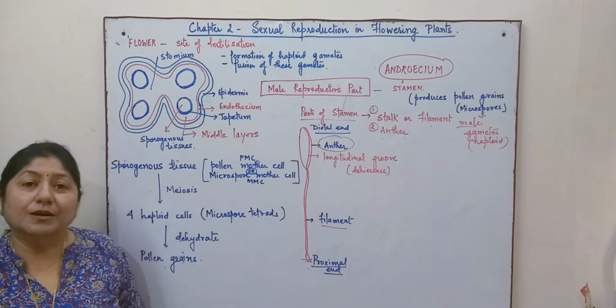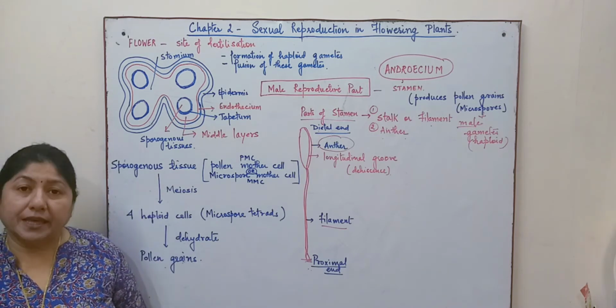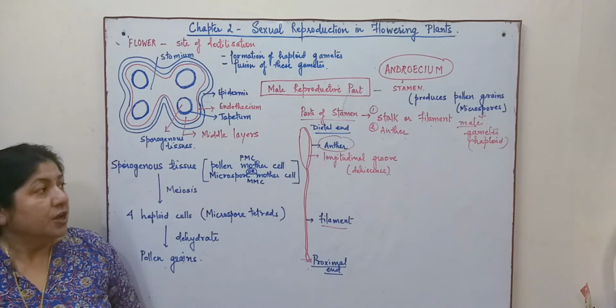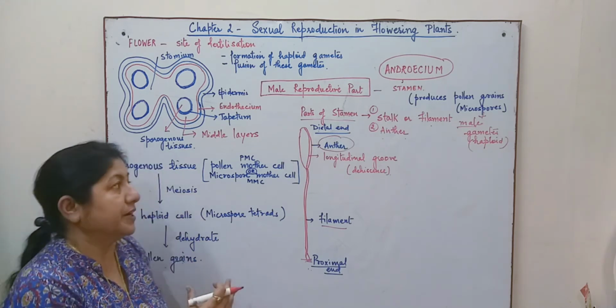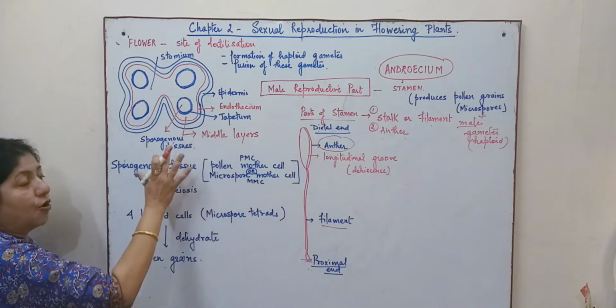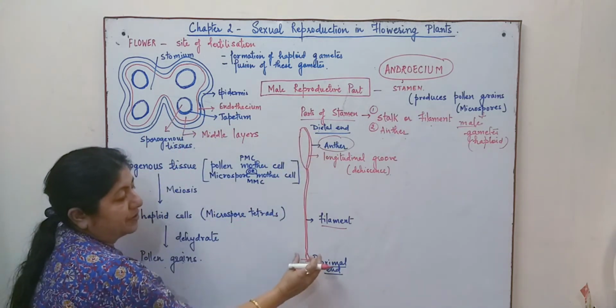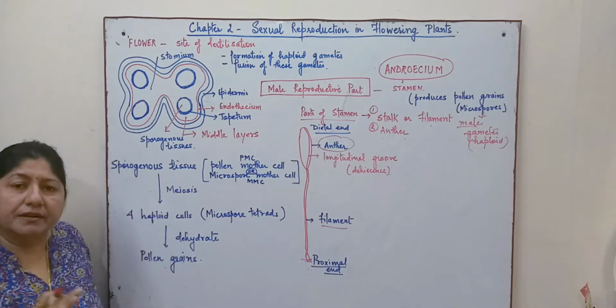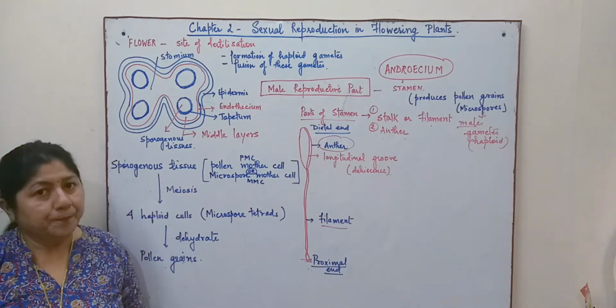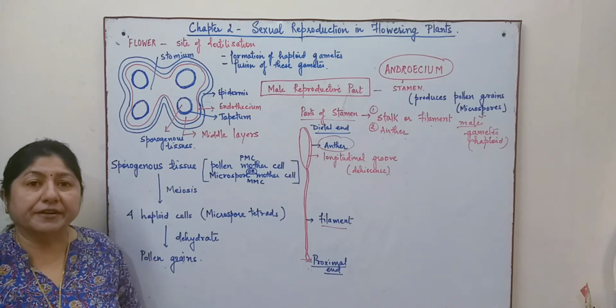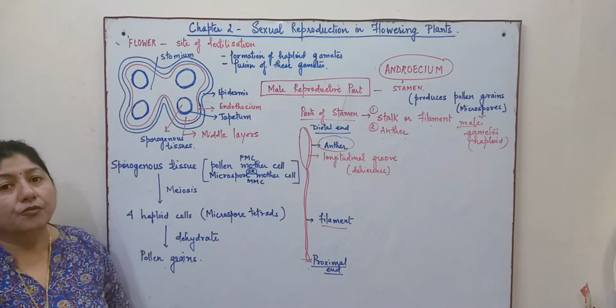Dehiscence is the split opening of the anther, releasing the pollen grains when they are mature. So here we are going to study the structure of the anther in detail. This is the structure of the anther, and anthers may be arranged variously in a flower, because different kinds of flowers may have different arrangements of the anther.